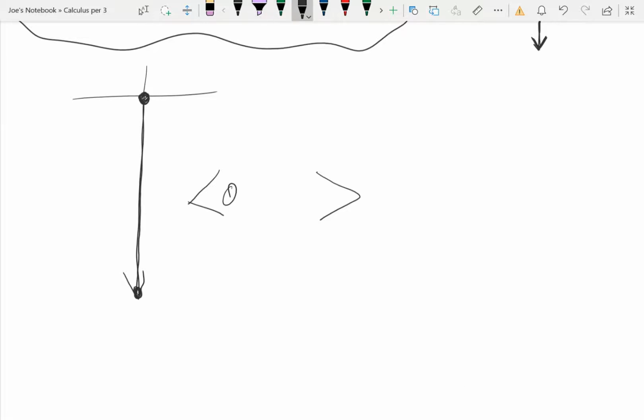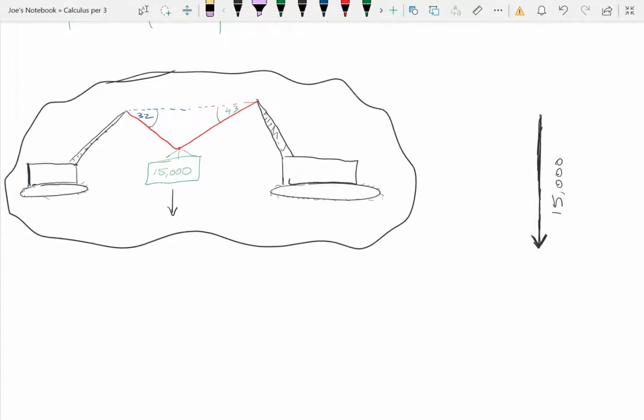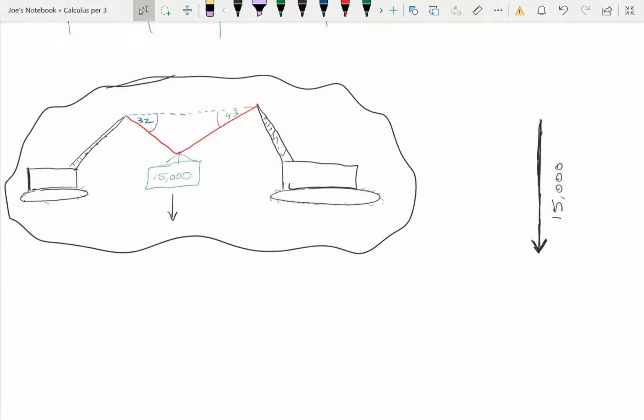And then it went down, in our case, 15,000 units. So this vector is 0, -15,000.